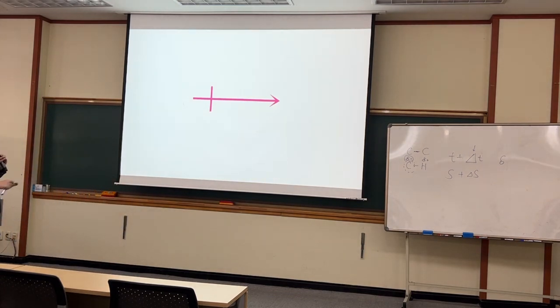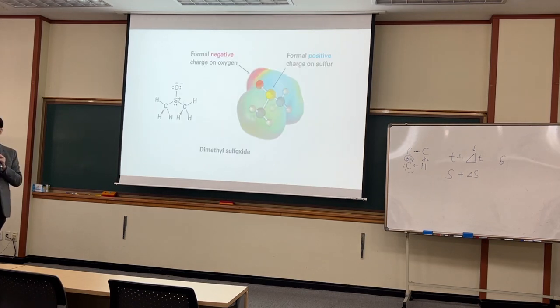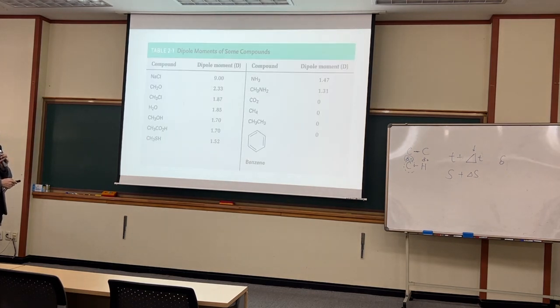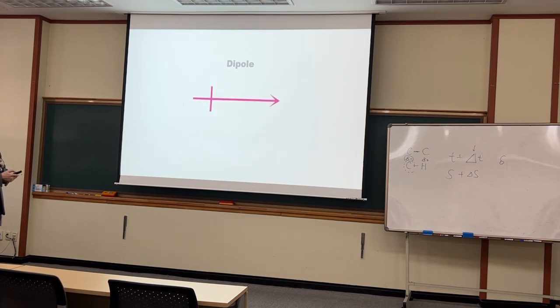To make it easy, this is the plus side. This is the negative side. This is the plus, this is the minus. Okay, electrons are attracted this way, carbon, oxygen going this way. Carbon, hydrogen going this way.